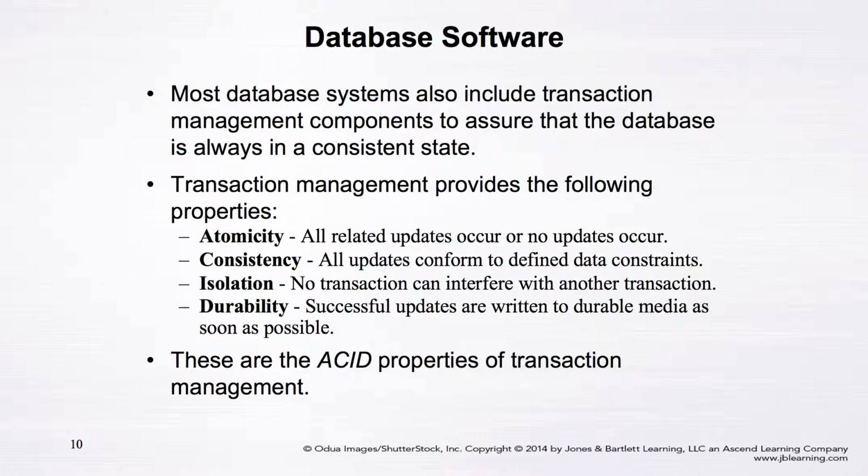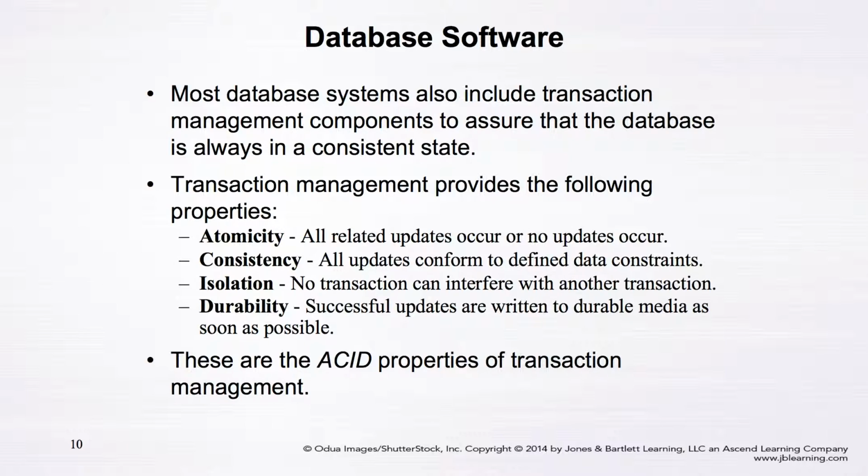The third one is isolation: no transaction can interfere with another transaction. And the last one, durability: successful updates are written to durable media as soon as possible. So we call these the ACID properties of transaction management.